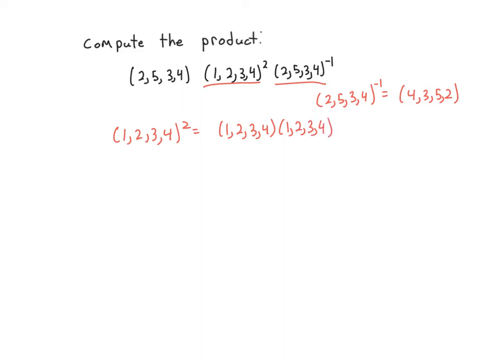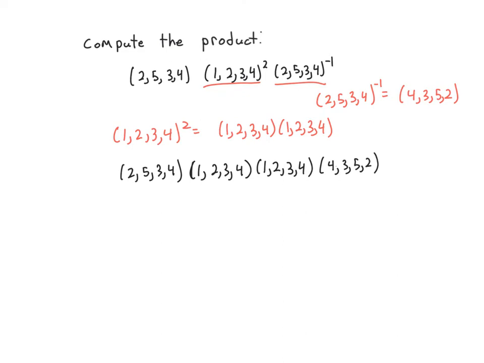So there are 2 approaches to solving this problem. The first approach would be to write down that square like this. And just now accept the fact that you're computing a product with 4 cycles involved.